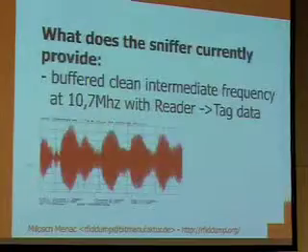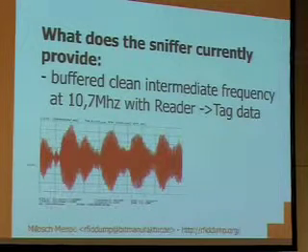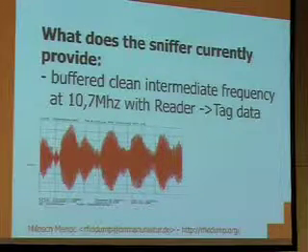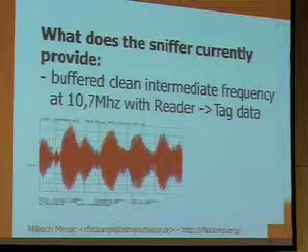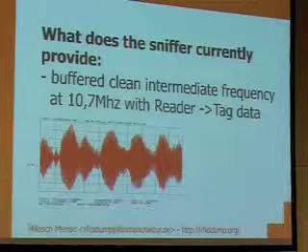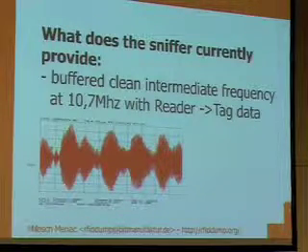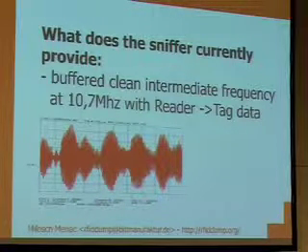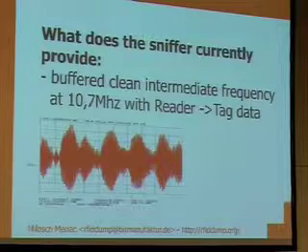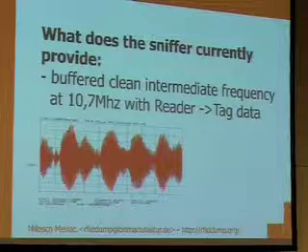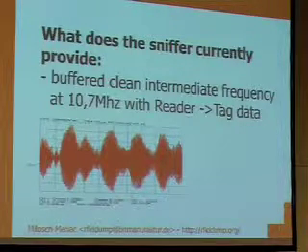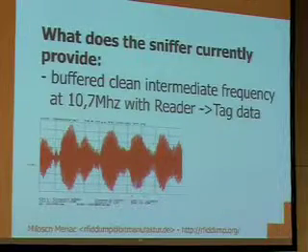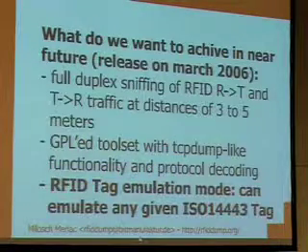These are the schematics. This is the current signal. You get a clean reader to tag data output, for example, which you can demodulate or do whatever you want with. It's absolutely clean. You don't have any noise because everything besides our signal is filtered out.